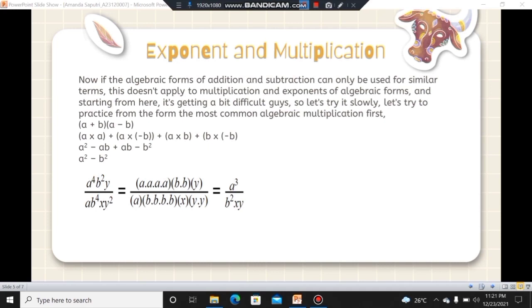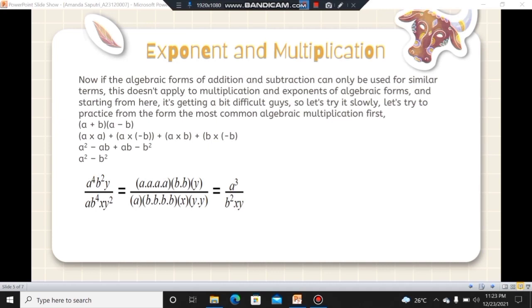a to the power of 4 b squared y, divided by a b to the power of 4 x y squared.